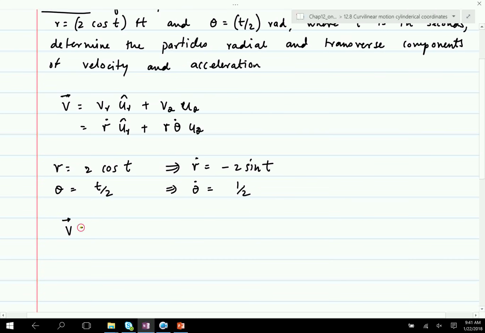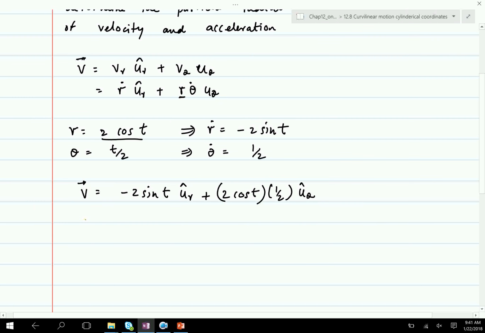So v is minus 2 sine of t ur plus 2 cosine t, that's the value for r, times theta dot, which is half. Minus 2 sine of t ur plus cosine t u theta.